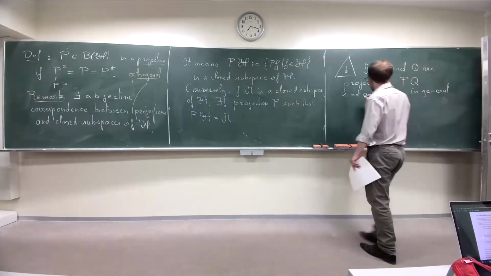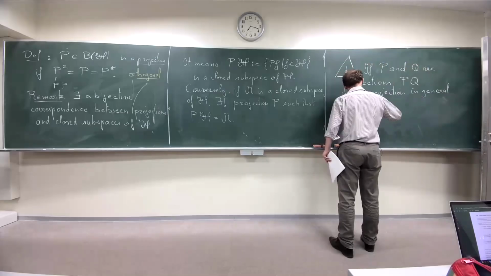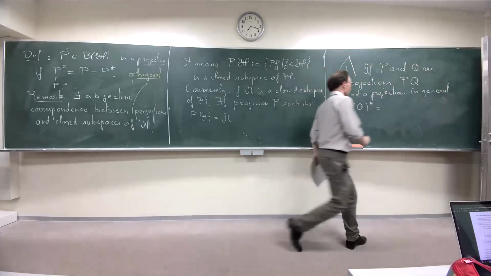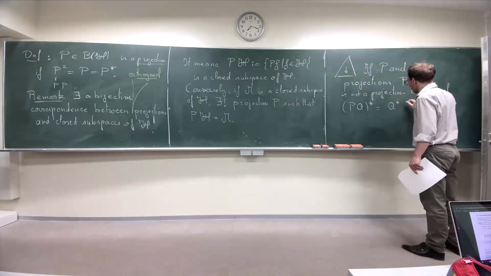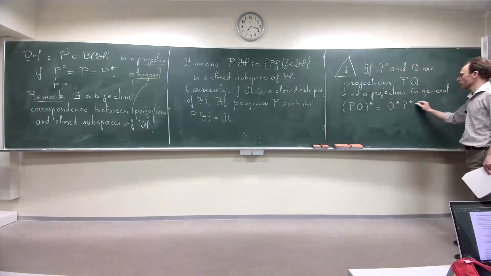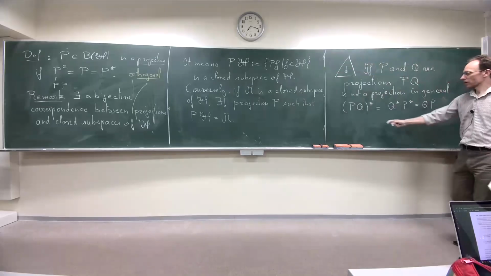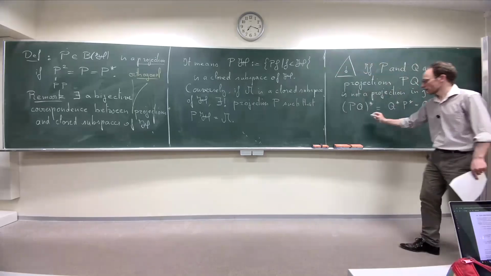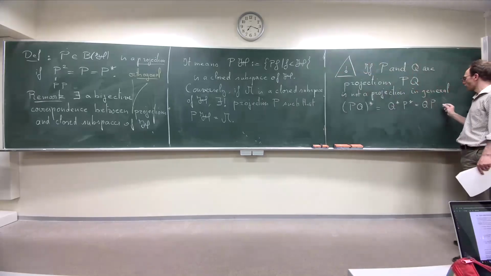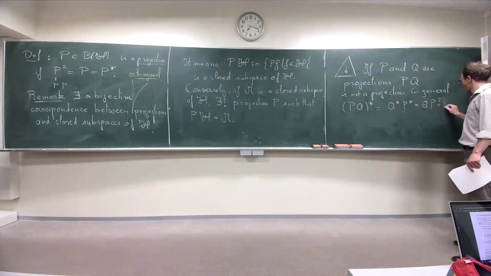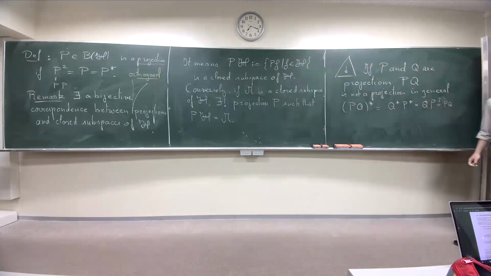I just do it, PQ adjoint. By what we have seen, this is Q adjoint, P adjoint. Now, if both are projections, this is QP, but there is no reason why this one should be equal to PQ. In general, nobody says that this is true. Push something to the wall and then the floor is not the same as the floor and then the wall, right? I'm pretty sure you can find some counterexample. Be careful about this.